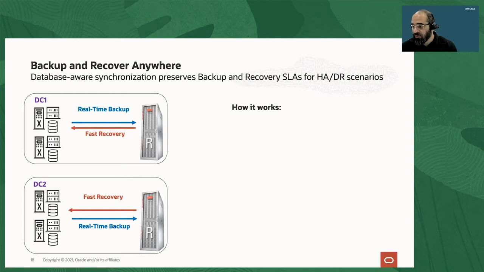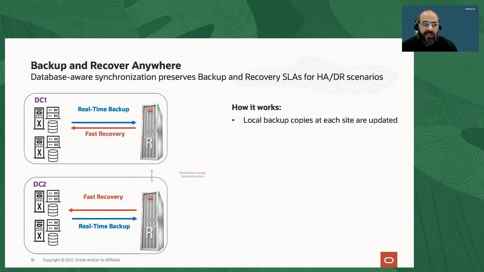What we did is put this inside the product now, and it provides very smart database-aware synchronization between two or more ZDLRAs, which we now call pairs. So we have a small change in naming conventions, from upstream and downstream to pairs.